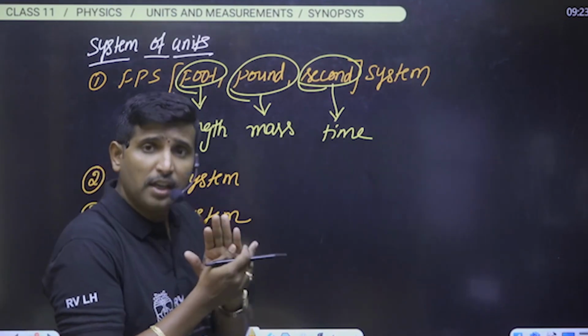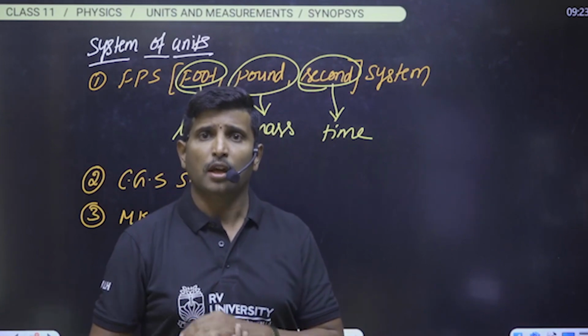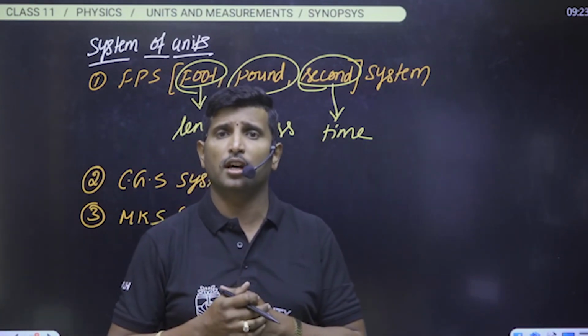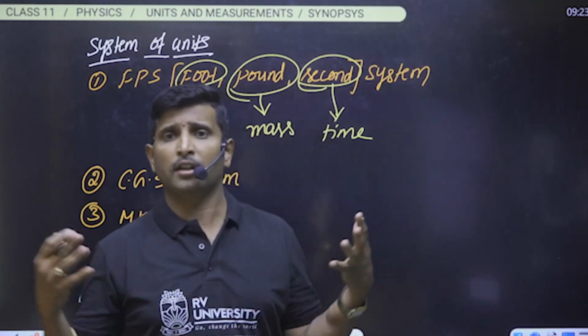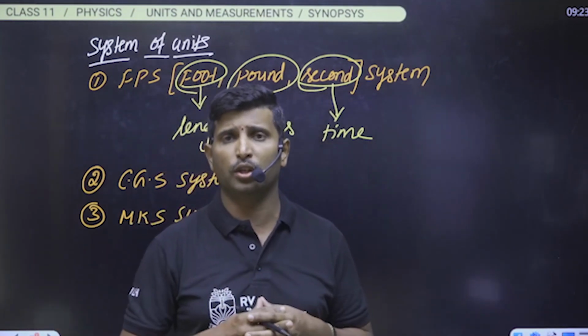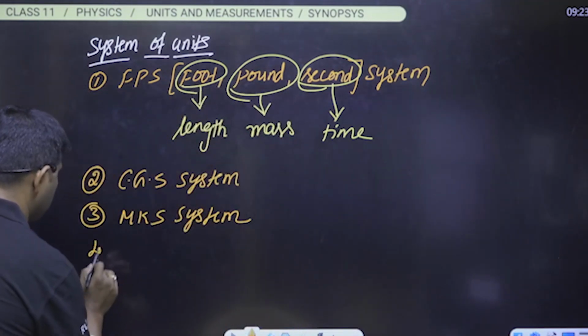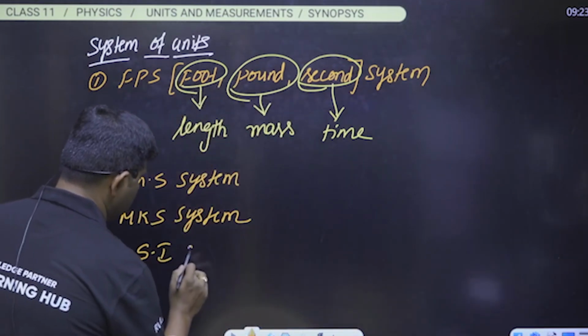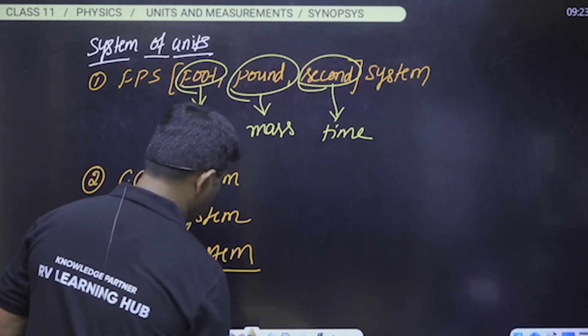Now, after the discovery of the electron, people came to know that many fundamental quantities are required, along with mass, length and time. Including those quantities, we framed a system called the SI system. It is an internationally accepted system.